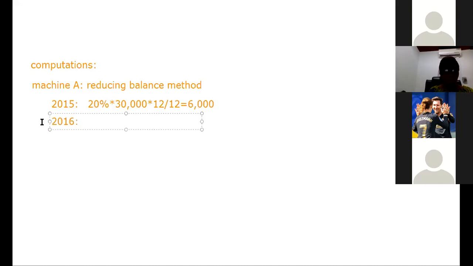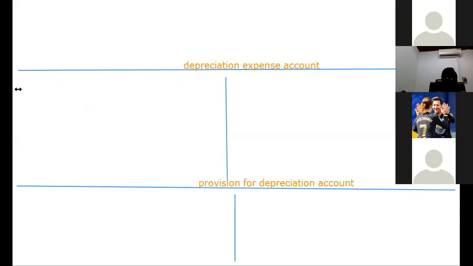6,000. So our depreciation for 2015, which we will send to depreciation expense, we'll debit depreciation expense. So 31st December 2015, provision for depreciation, in brackets machine A, 6,000.